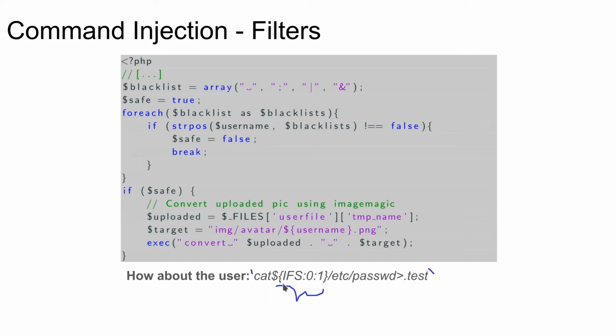So here we slice the IFS variable, we take the first character, and the first element within IFS is a space. So what this reads in the end is cut space etc password and then redirect to a file. So this code will be executed. We didn't need to use a space or any other kind of banned characters.